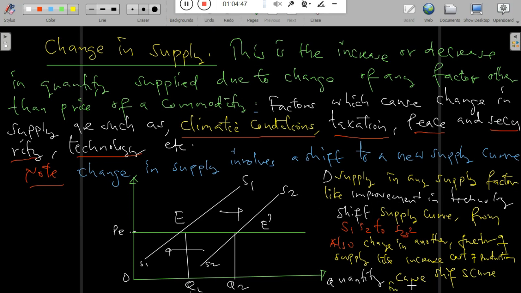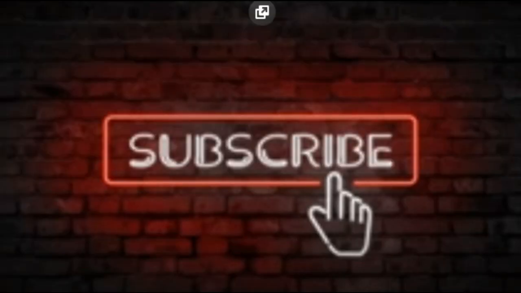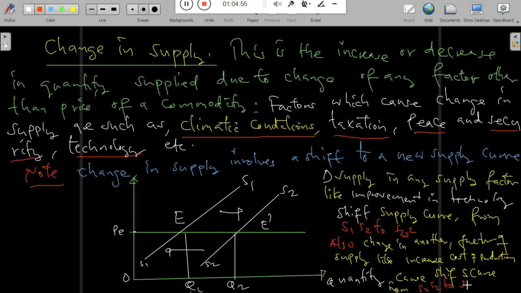So the key difference between the change in supply and the change in quantity supplied is that the change in supply is affected by factors other than price, whereas the change in quantity supplied is affected only by price and not other factors, because other factors are considered constant.